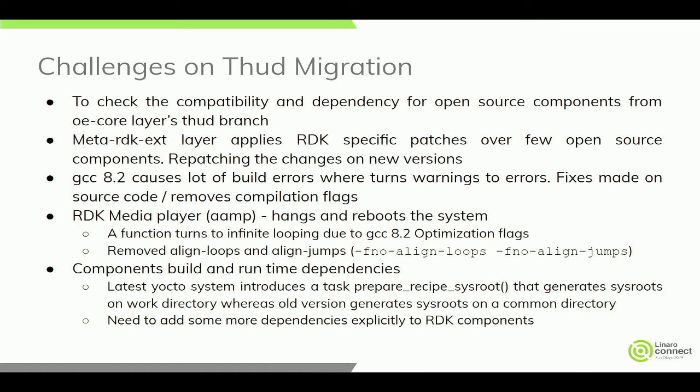Some optimization flags we need to disable. On GCC 8.2, alignment of loops and jumps are newly introduced, and that makes the particular component go into infinite looping and leads to a memory crash. So these flags have been removed on build with GCC 8.2.